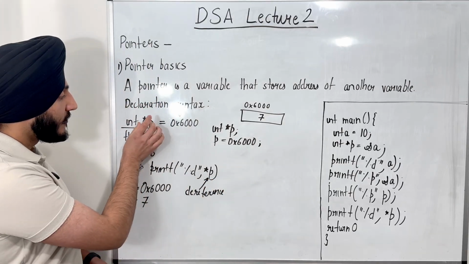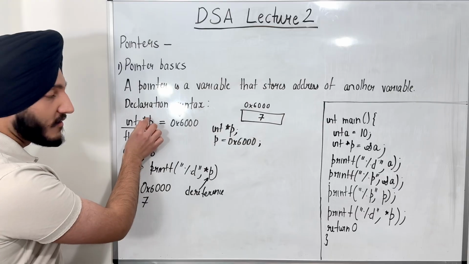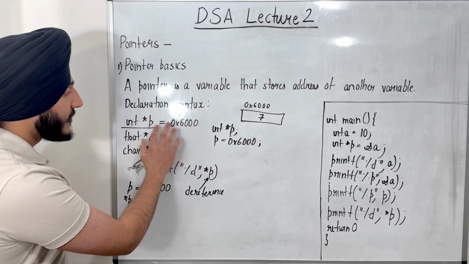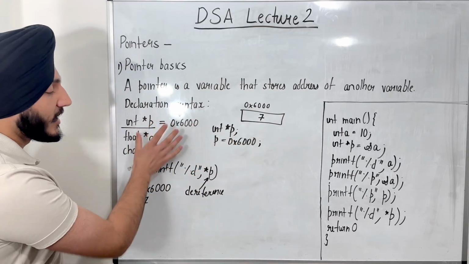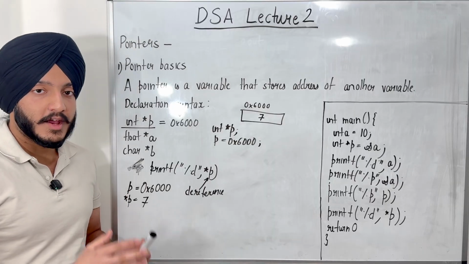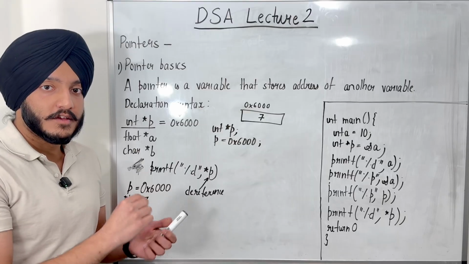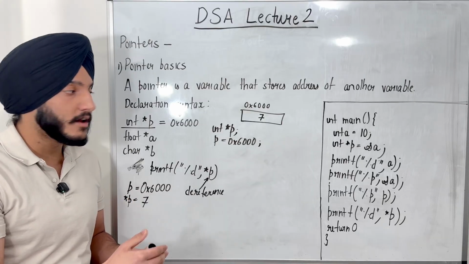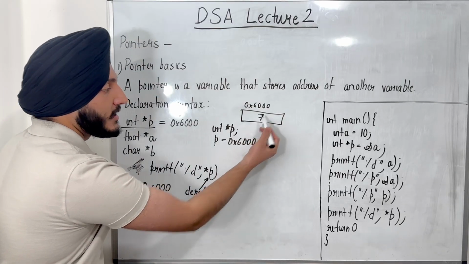So I hope it doesn't confuse you that we are not setting *p as the address, we are actually setting p as the address in this declaration, right? So I hope that basically makes sense. p storing the address, *p means dereferencing, and it actually gives us the value at the address, right?